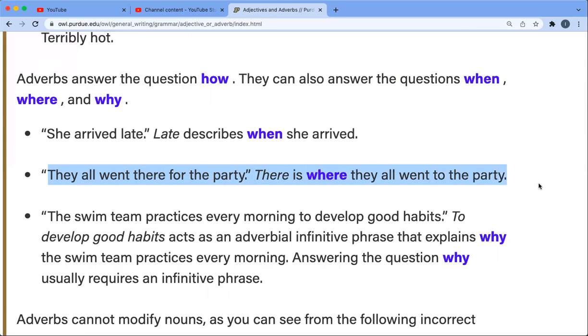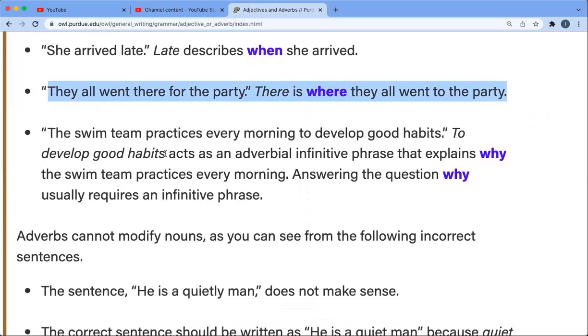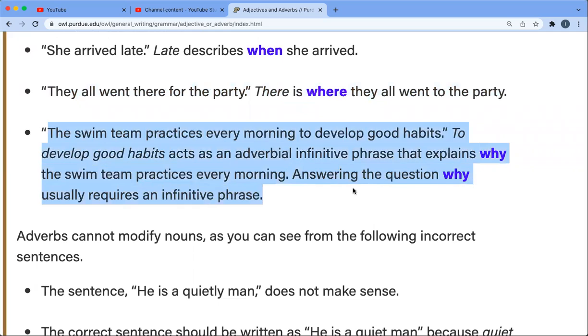There is where they all went to the party. And more examples, the swim team practices every morning to develop good habits. So to develop good habits acts as an adverbial infinitive. It starts with the word to, but it is working as an adverb. Because if I ask you why the swim team practices every morning, you can answer why.